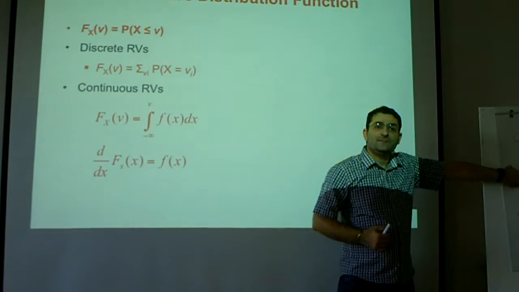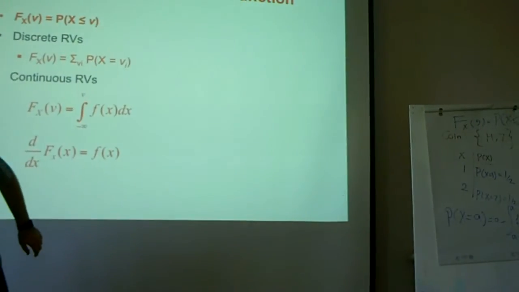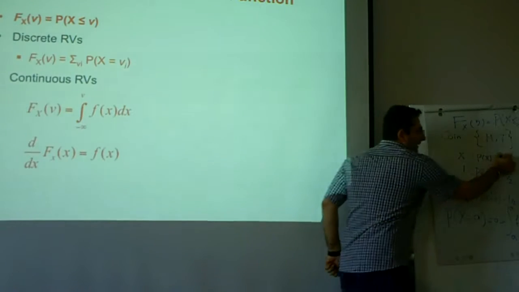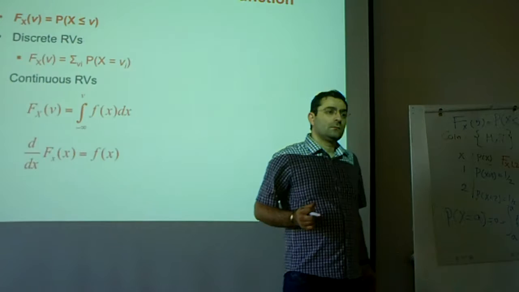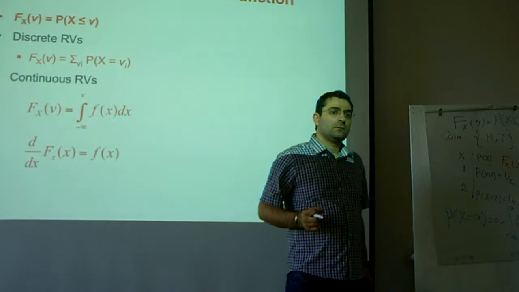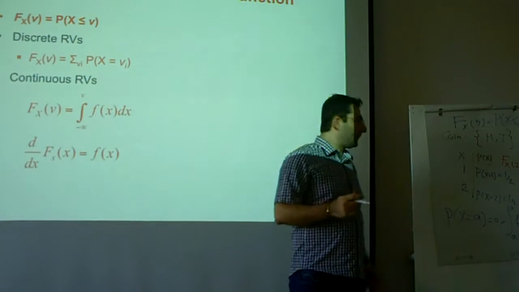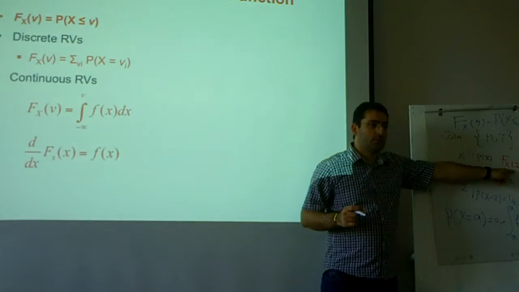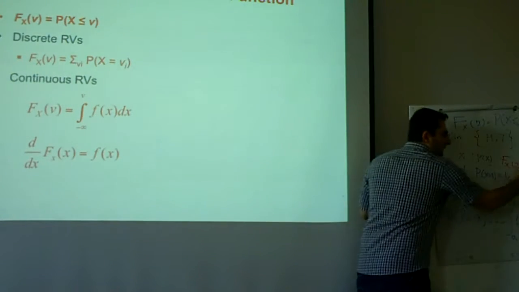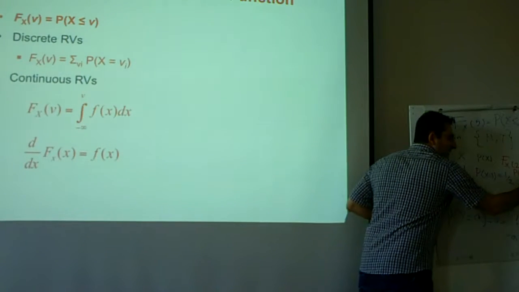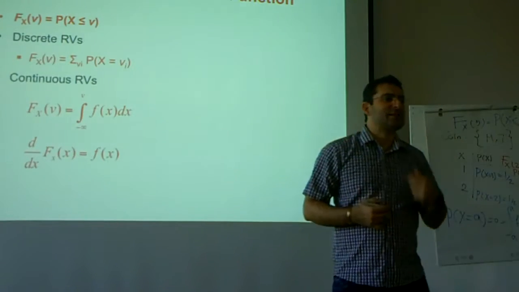So in the case of the coin, what is F(2)? 0.5. What is F(2) for this case? It means the probability that x is less than or equal to 2. So what are the chances that x is less than or equal to 2?